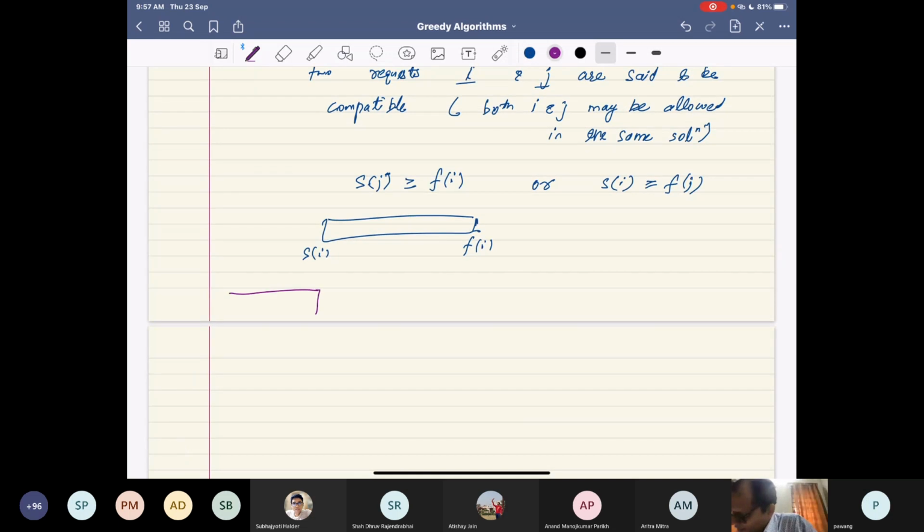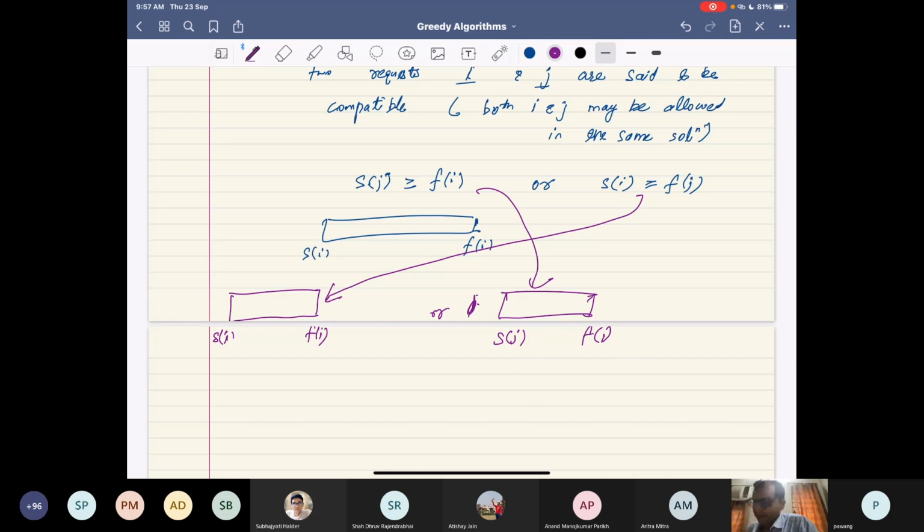Either Sj, Fj is before Si, or it is after. So this is Sj greater than or equal to Fi, and this is Si greater than or equal to Fj. That's when they will be compatible.